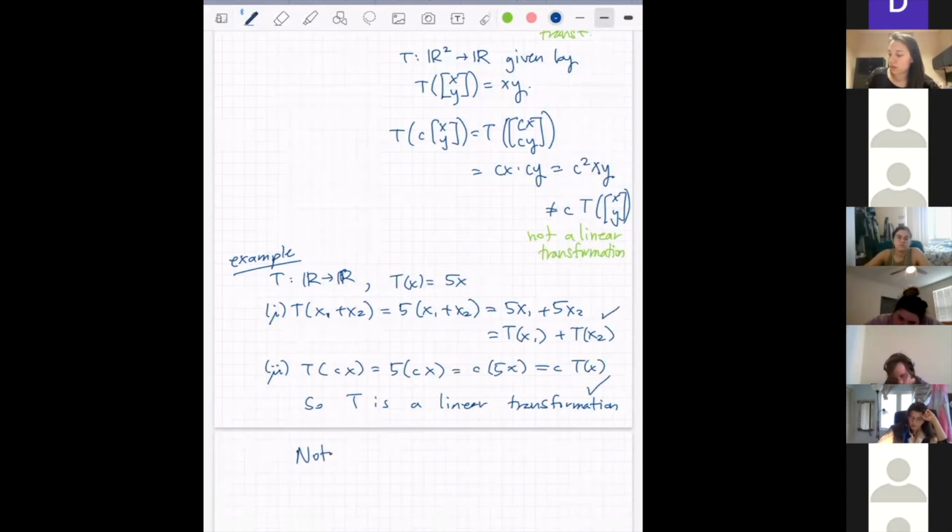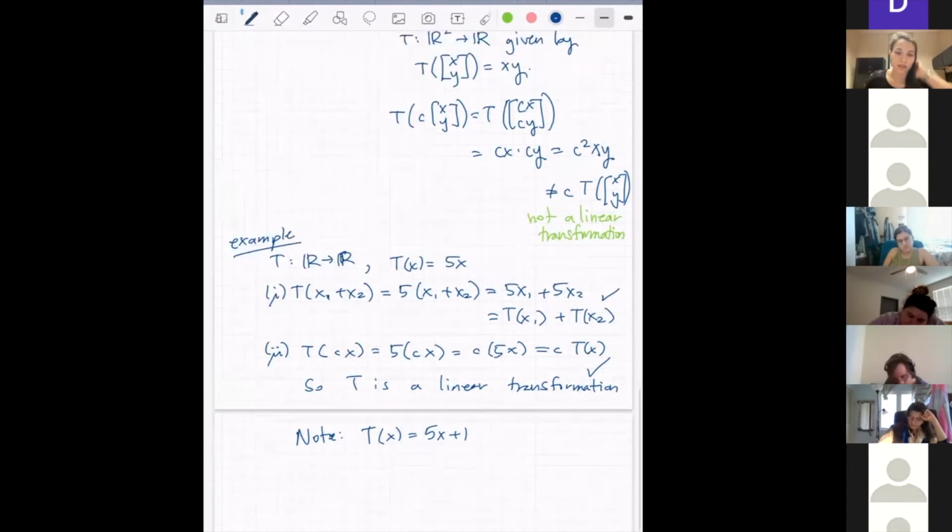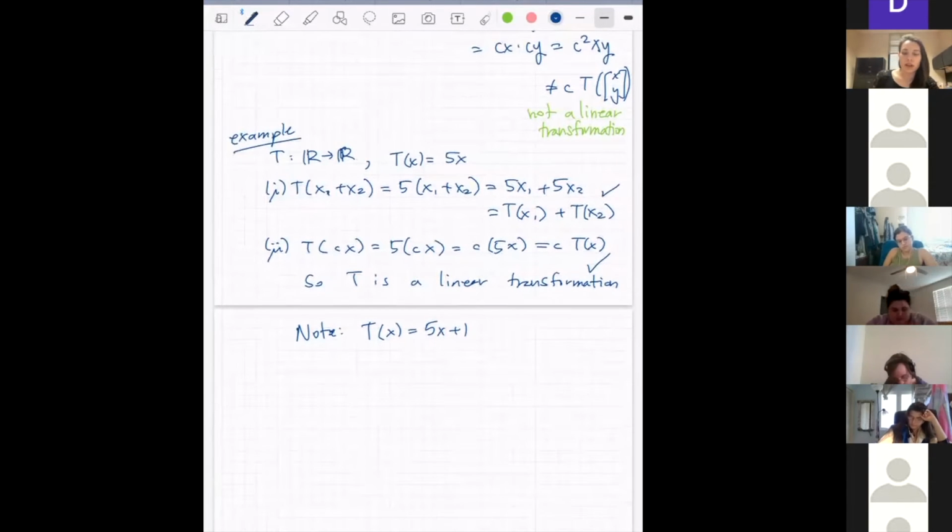So note, if we were to take t and add a constant, so 5x plus 1, this is also the equation of a line in R, right? Well, in R2, technically, but this is not a linear transformation.